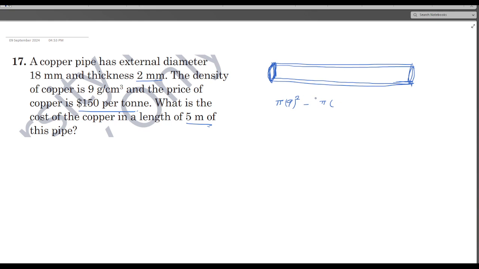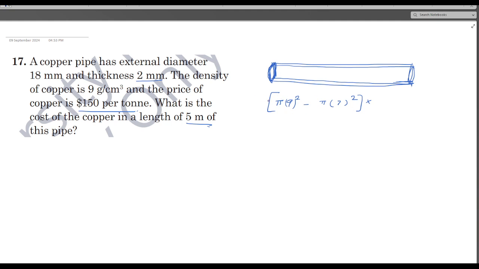So your 9 mm radius will become 7 mm, so it is pi times 7 square. This is your area. Now this area, when I multiply by the total length, we have calculated in mm. Better I convert it in centimeter.